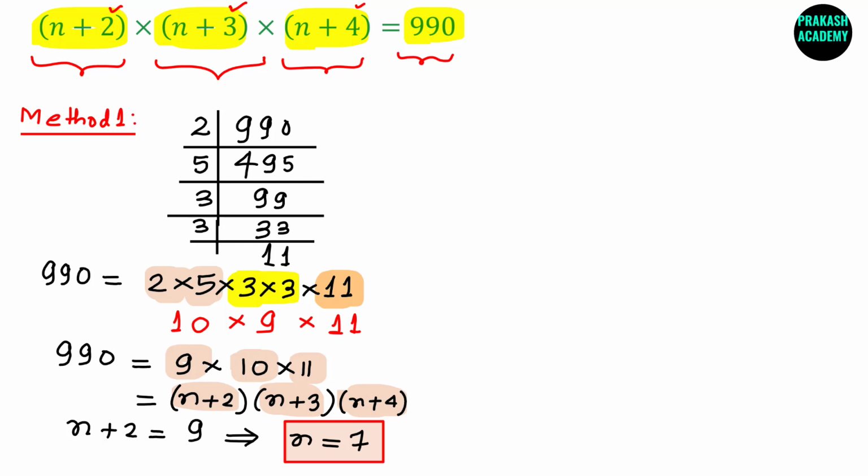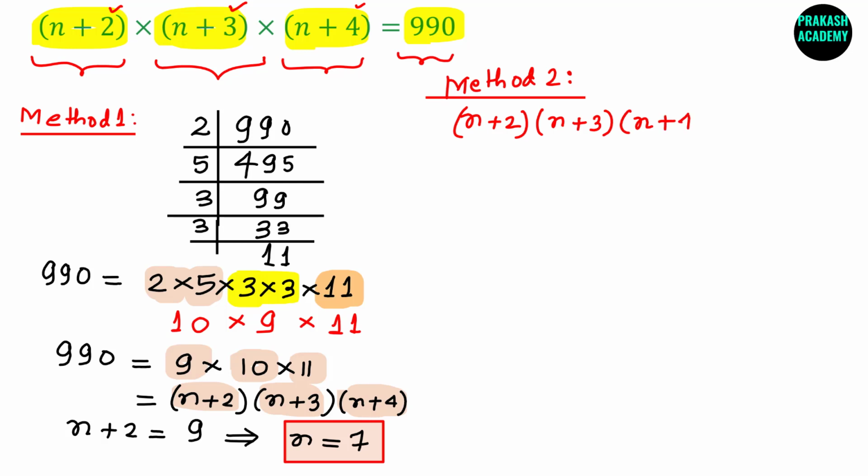Now let us discuss method 2. So we'll write the problem again. So we have (n+2) into (n+3) into (n+4) is equal to 990.